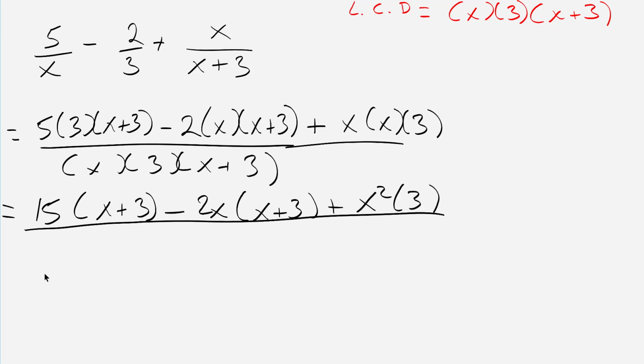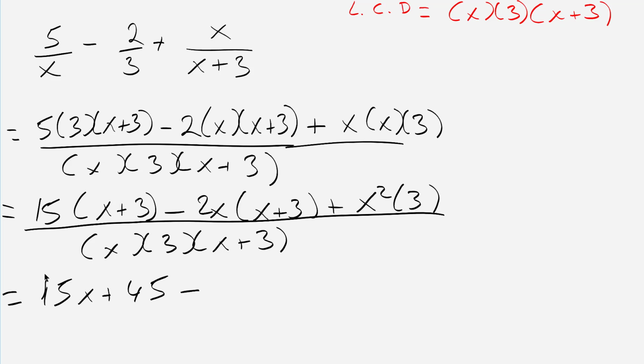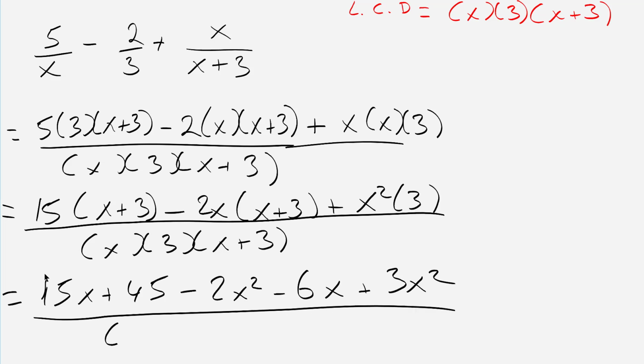All over our lowest common denominator of x times 3 times x plus 3. Notice how I haven't bothered multiplying out the denominator this time. I'm just going to multiply out the numerator. It usually doesn't matter. Sometimes, depending on the question, you will know which is the appropriate route. So we got 15x plus 45 minus 2x squared minus 6x plus 3x squared, all over our lowest common denominator of x times 3 times x plus 3.